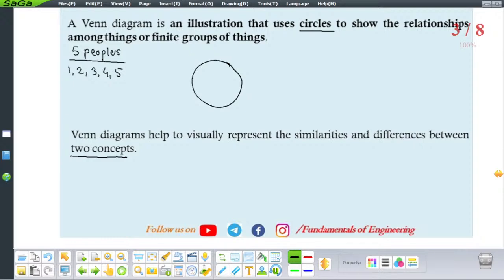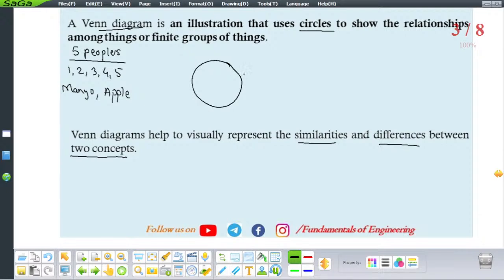We ask them which of two fruits, mango and apple, they like. It is rare that all the people like all the fruits, but among these 5 people, some can like only mango, only apple, or both fruits. That relationship and similarity between the concepts can be represented by a Venn diagram. So how to draw that?